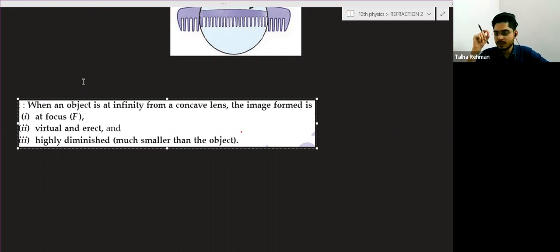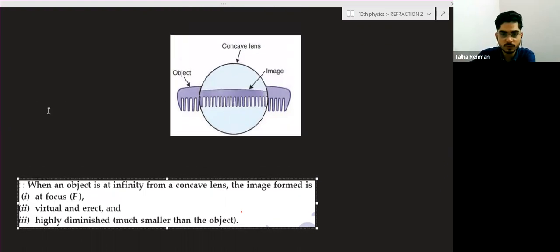So definitely your image will form at focus, and we already know the concave lens will always produce the virtual and erect image, smaller than the object. But when your object is at infinity, this time the image will be much smaller than the object.